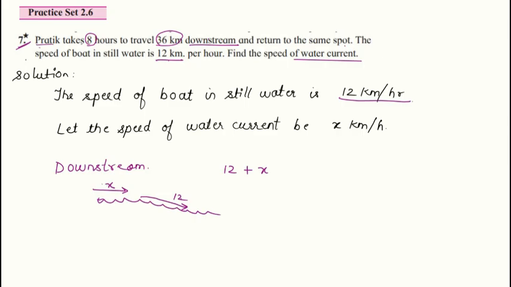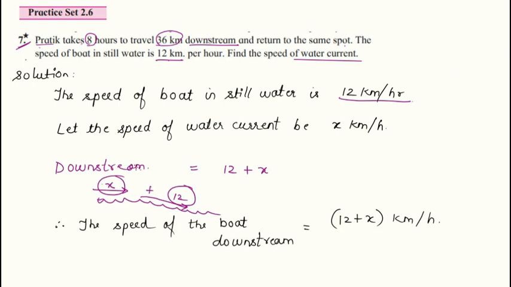If we add the speed of the water current and the speed of the boat, we will get the speed of the boat downstream.